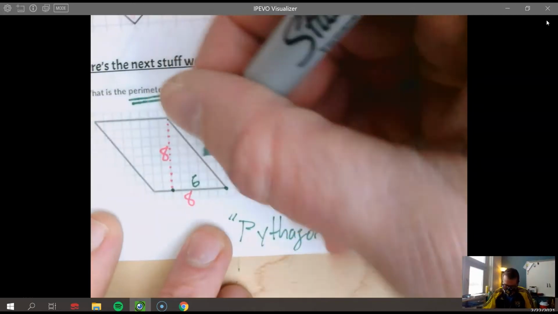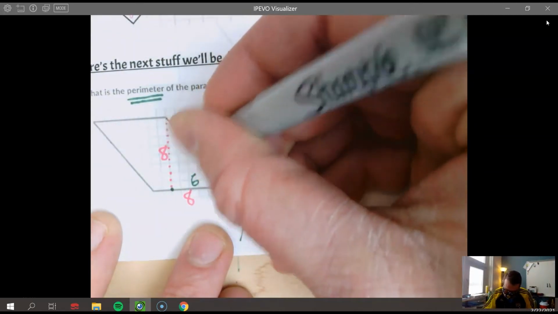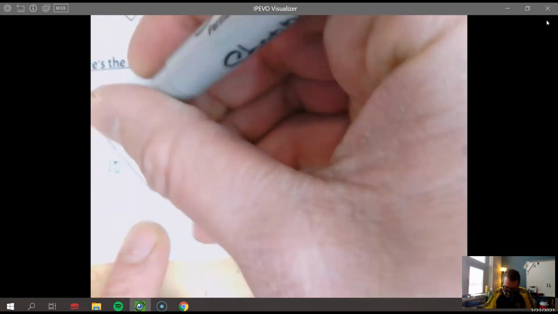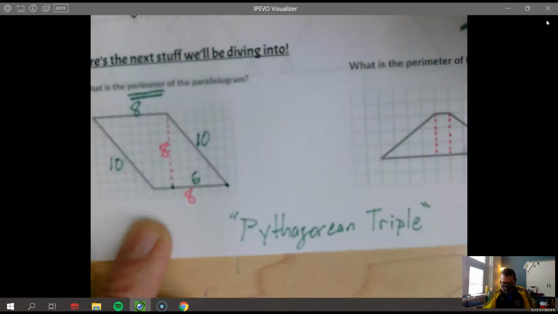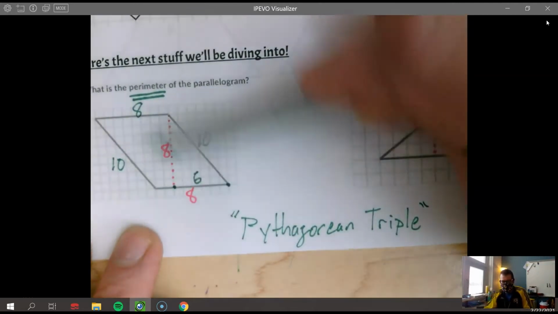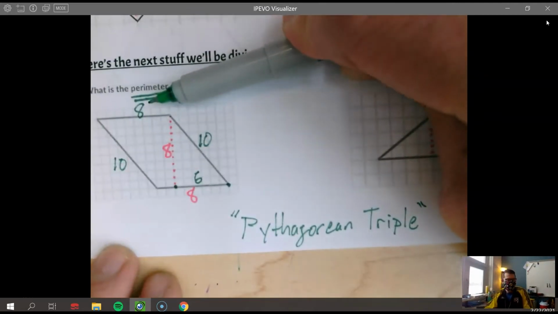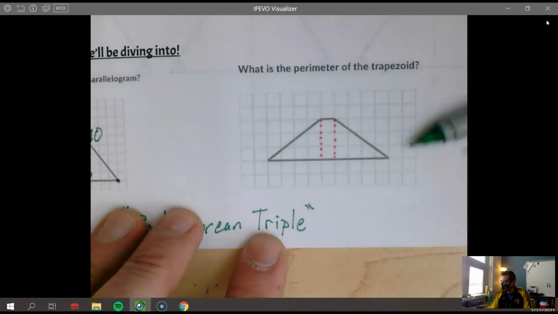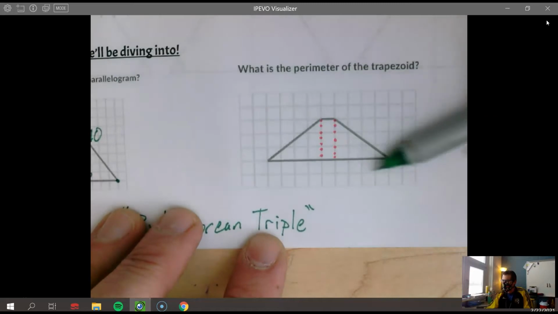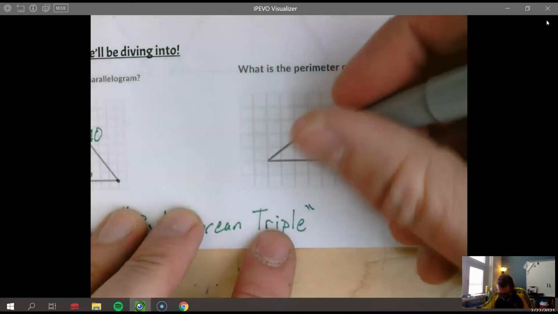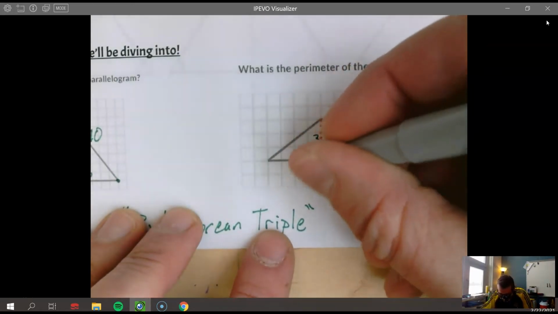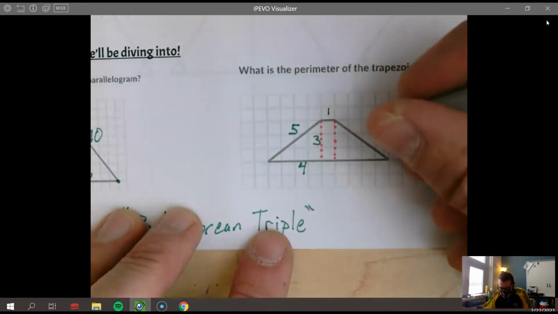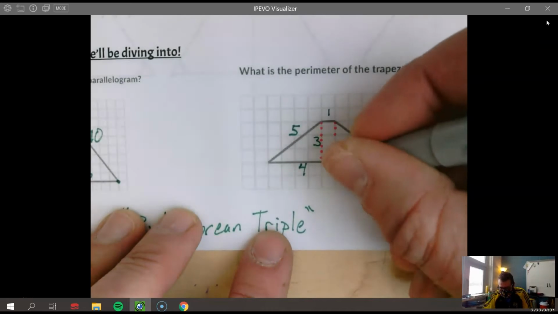So we would find out that this is actually 10, and then be able to find our perimeter by knowing, well, if it's a parallelogram, opposite sides are the same, 20 plus another 16, we would get 36. Over here, what kind of triangle is this? 3, 4, 5. There you go. So I got 1 here, 5 there, 4 there, and a 1 there.